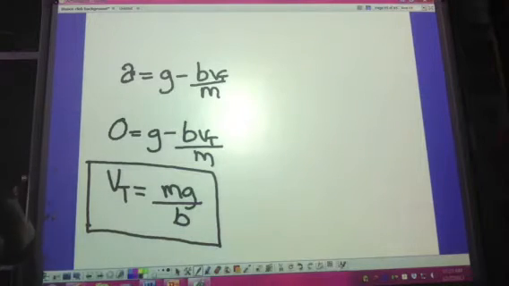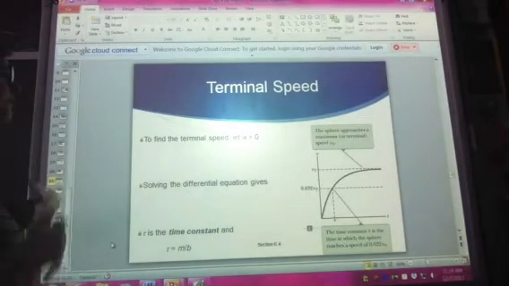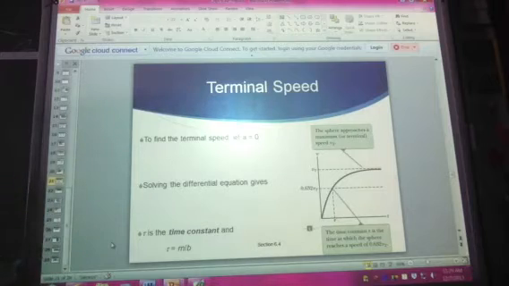We're not going to derive this one. Instead, this one's going to be given to you. Using some differential calculus, we end up with a formula where we could find the speed of a mass that is on its way to approaching that terminal speed, and that could be at any time.